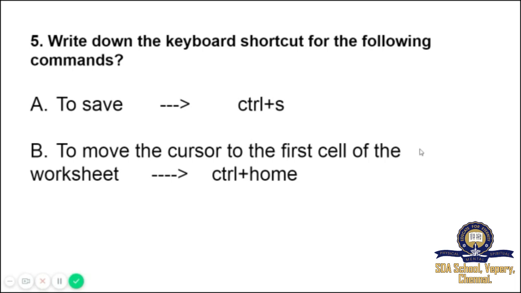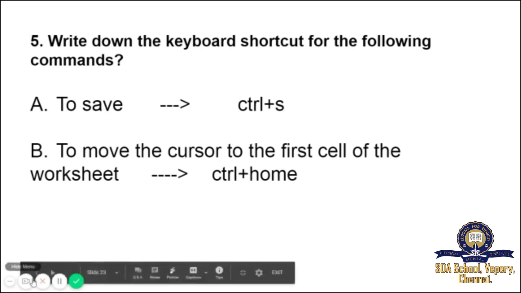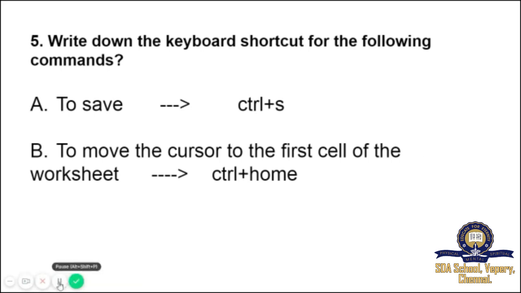First one, to save, we use Control S. Simultaneously you should press Control and S. To move the cursor to the first cell of the worksheet, simultaneously you should press Control and Home.